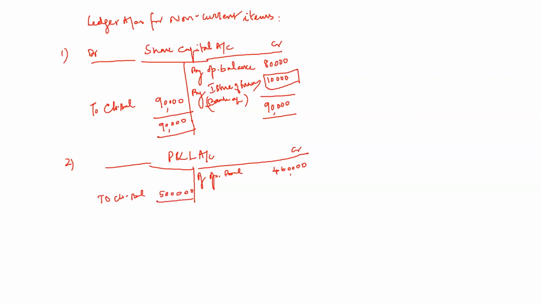As usual, first we have to close the side that has greater balance. It's similar to that of ledger balancing. So 5 lakhs. So there is 40,000. This is nothing but funds from operations. By funds from operations. This is also part of sources.